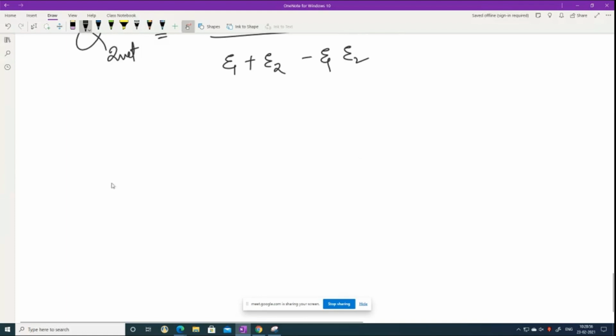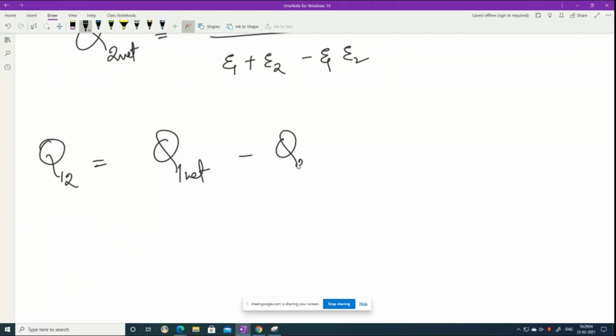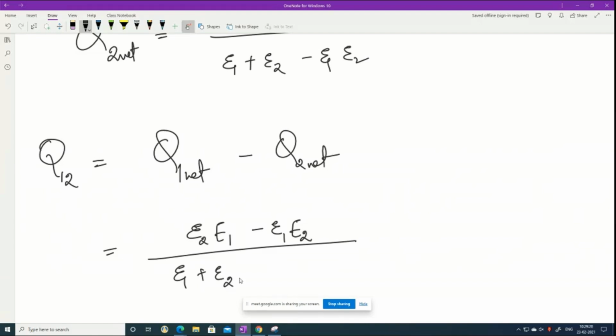So how do you find the radiation heat exchange? You need Q1 net minus Q2 net. If you take this, the denominator remains the same for both expressions, so I can take it as common. What I get in the numerator is epsilon 2 into E1 minus epsilon 1 into E2, by (epsilon 1 plus epsilon 2 minus epsilon 1 epsilon 2).